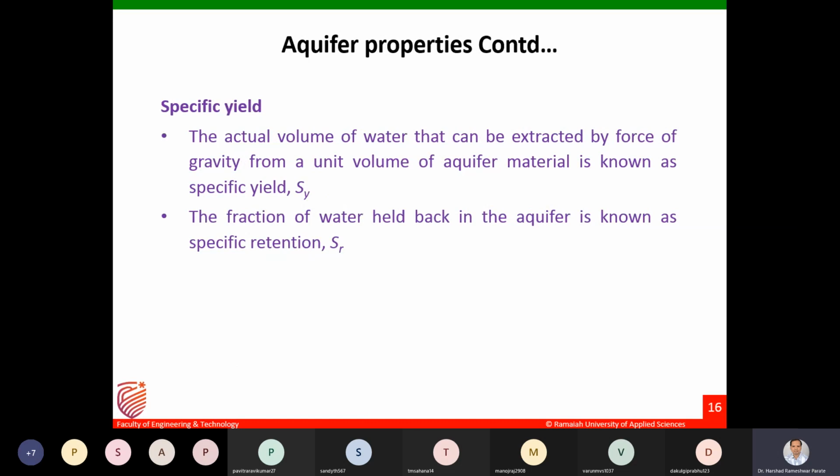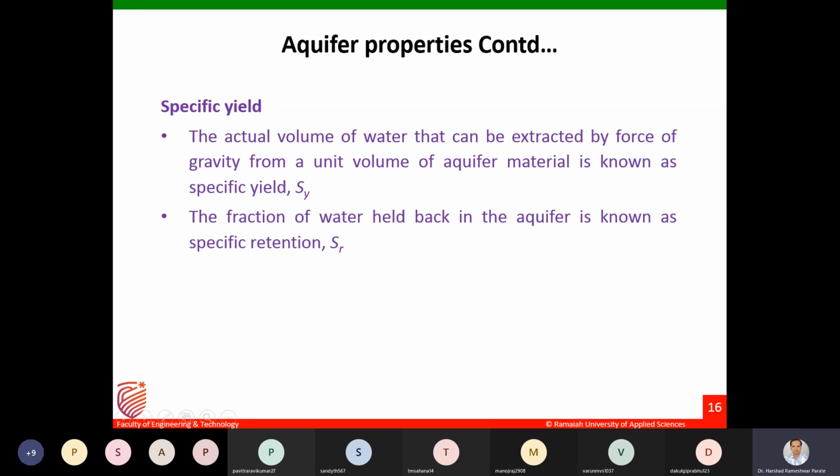Now let's discuss another important property, specific yield. Whenever we drill a borehole, if you ask what is the yield you are getting from the borehole, what exactly is that yield? That yield is nothing but the actual volume of water that can be extracted by the force of gravity from a unit volume of aquifer material, known as specific yield.